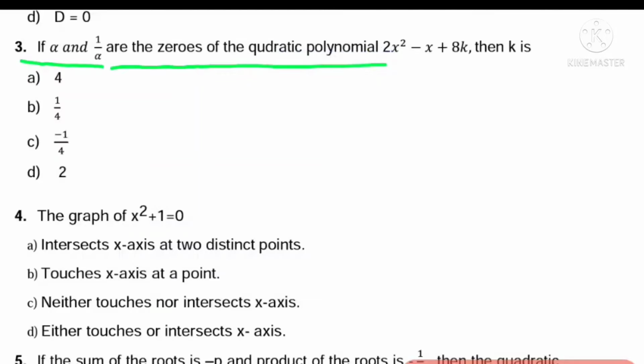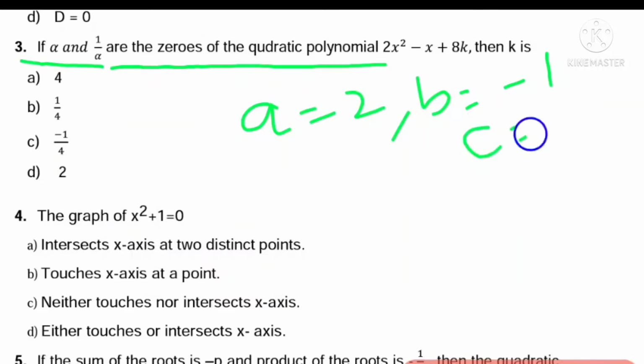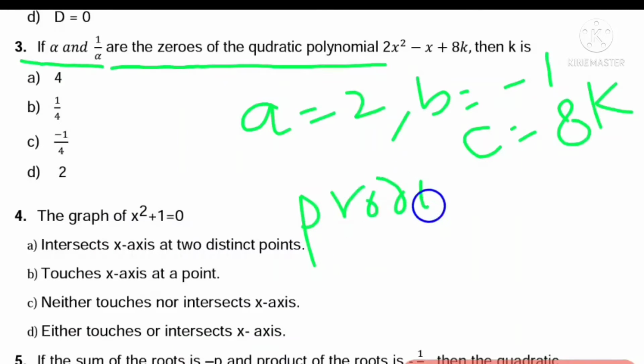Question number 3rd is: if alpha and 1 upon alpha are the zeros of the quadratic polynomial 2x square minus x plus 8k, then k is, look here, a equal to 2, b equal to minus 1 and c equal to 8k. Okay, we have to find the product of zeros. Product of zeros we have c by a.